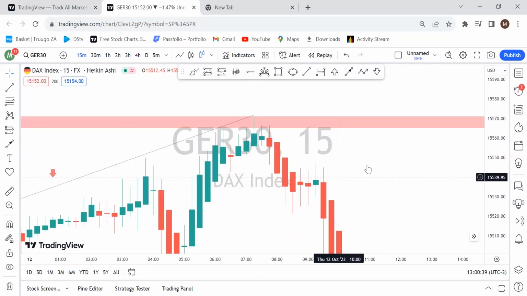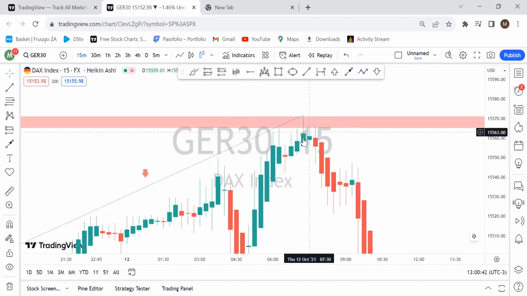If I zoom in, you can see where the price touched this week. Very nice. And then the following candlestick was a smaller bullish candlestick, which shows you a loss of momentum. So from that point, your interest starts to peak and you need to focus on what happens next.